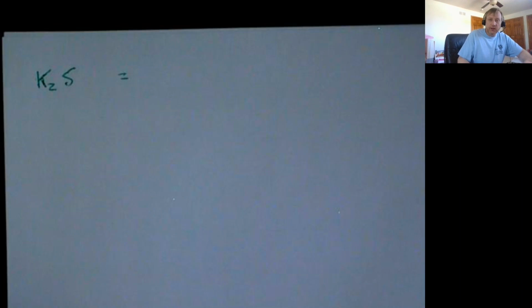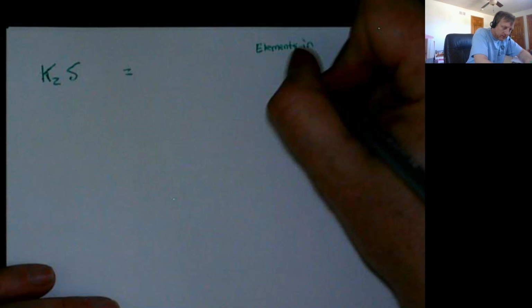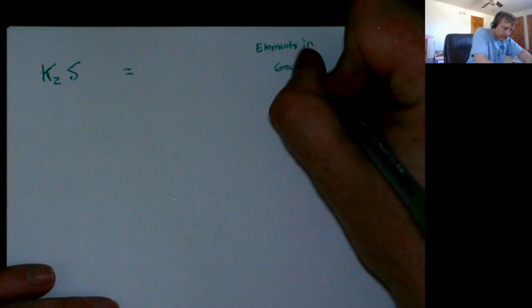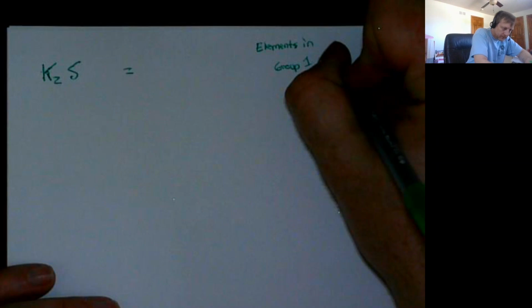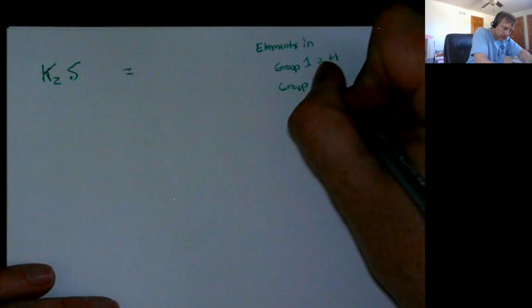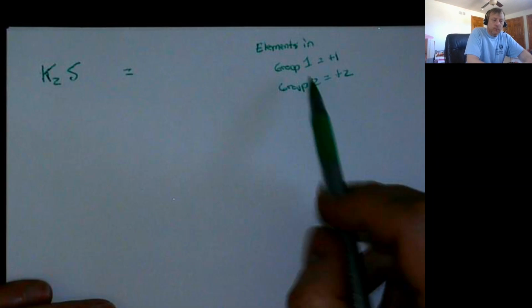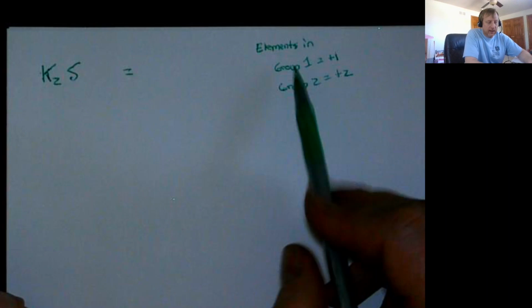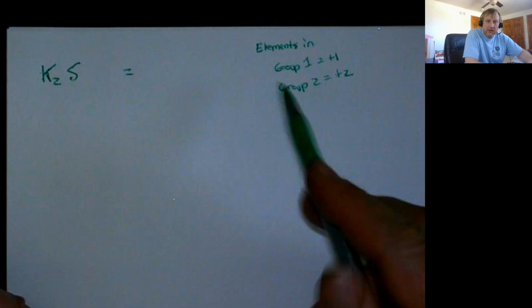But I have another pretty easy starting point, and that is the fact that the elements in group 1 and 2 have known charges. And by group 1 and group 2, I'm talking about those named groups on the periodic table, the alkali metals and the alkaline earth metals.